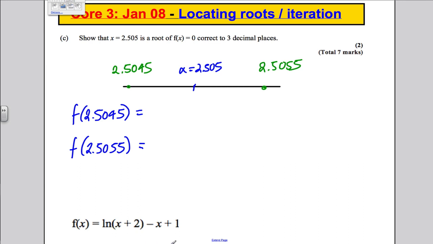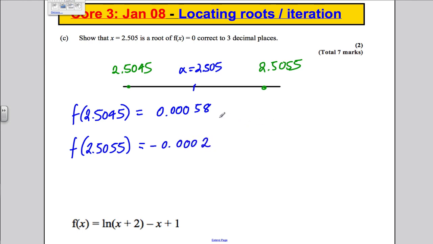We work out ln of x plus 2, subtract x plus 1. I'm going to work that out at 2.5045. We're getting ourselves the answer 0.00058, and if we put in 2.5055, we get negative 0.0002.